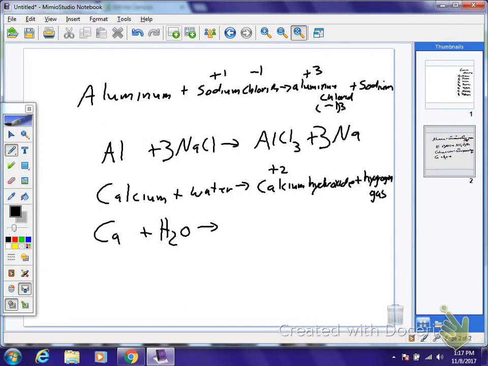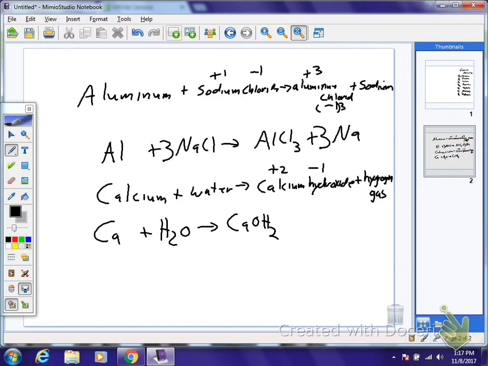Plus 2, minus 1. A wrong way to write this, a lot of students will do, they'll just write CaOH and they don't have any difference. That's not right. Okay? Other people will write it like this. That's not right. Alright?